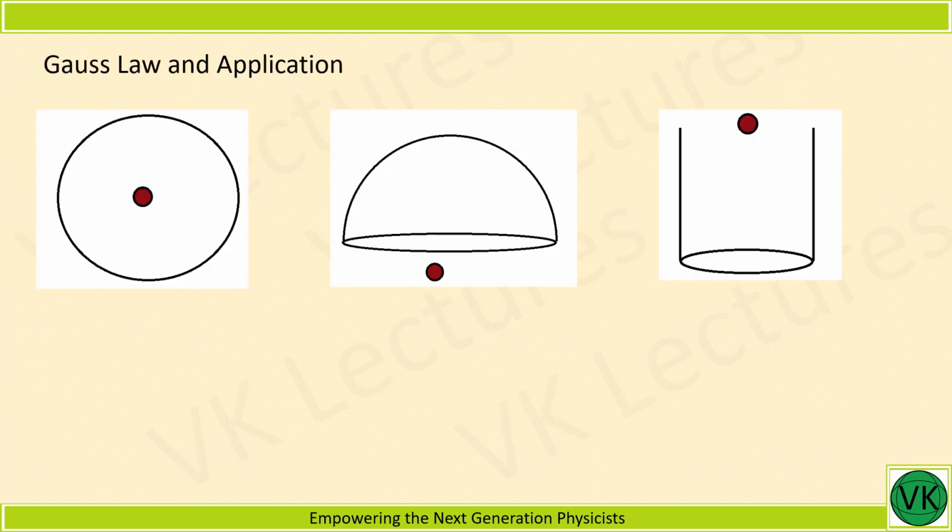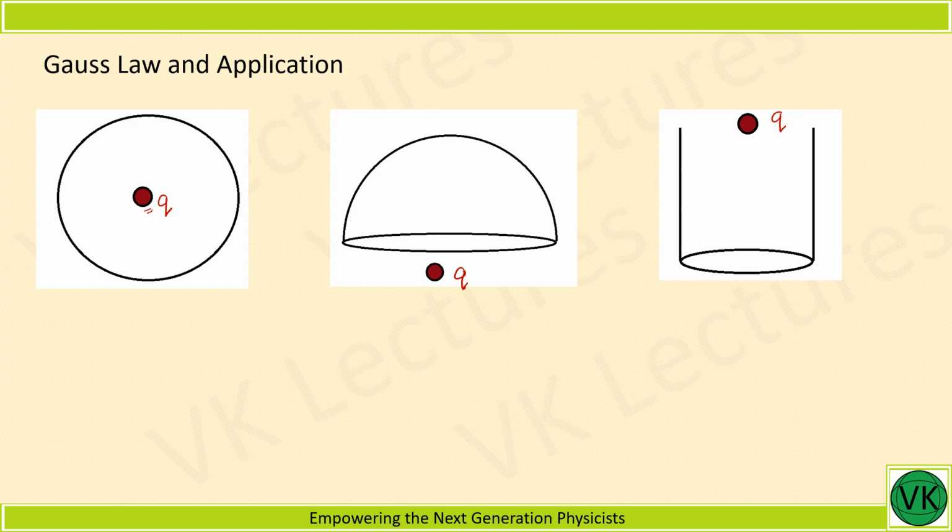Gauss law and application. Here are a few figures of surfaces given, and the brown color here is the charge q placed near the surface. We need to find out the flux passing through that given surface.